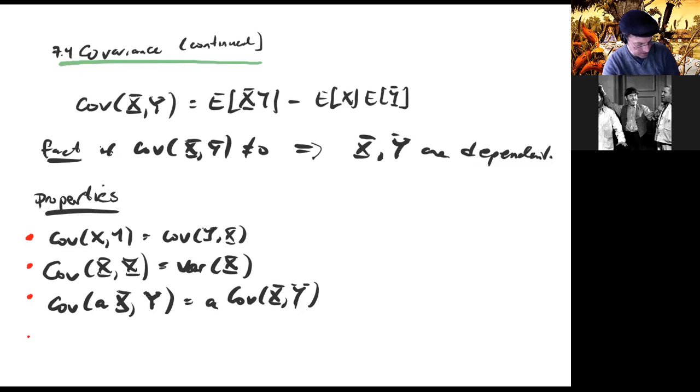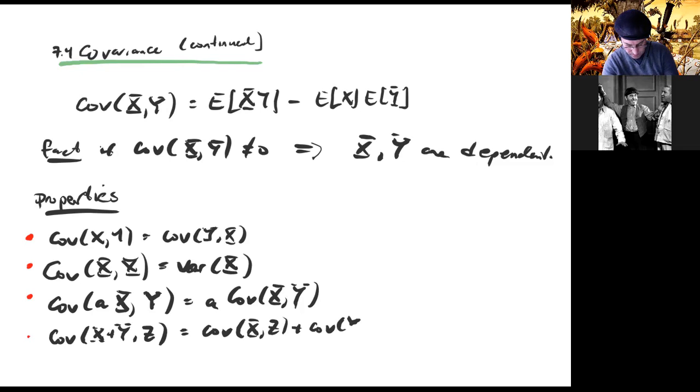Likewise, if I take the covariance of x plus y with another z, it breaks up as the covariance of x and z plus the covariance of y and z. So these last two properties are called bilinearity, linearity in each of the variables.